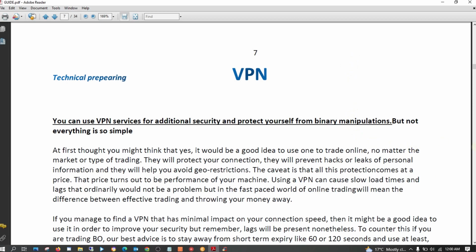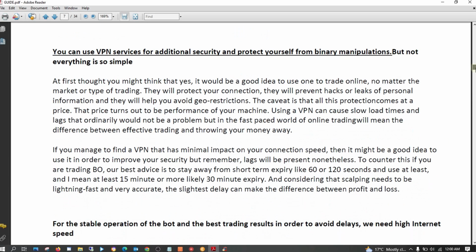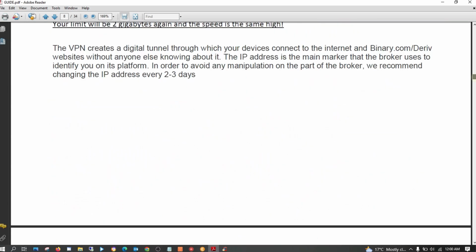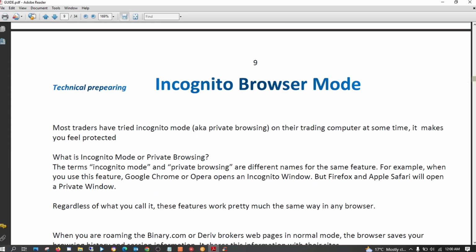Another thing we saw in the last video was the incognito browser. Basically, the incognito browser does not leave your browsing history.